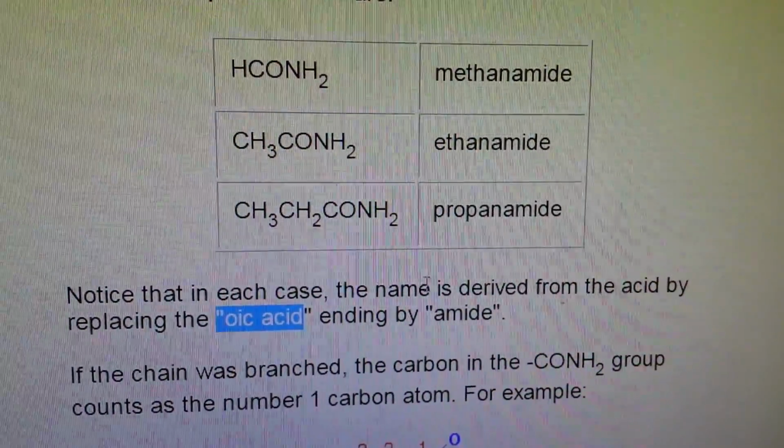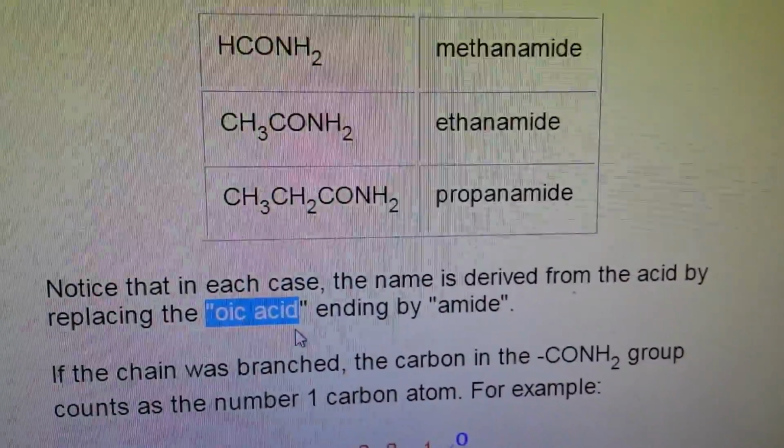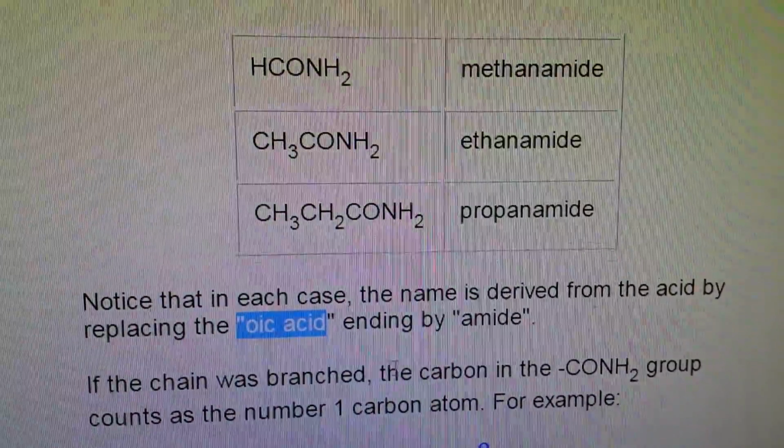But here it is amide. So the only difference is changing the oic acid ending to amide.